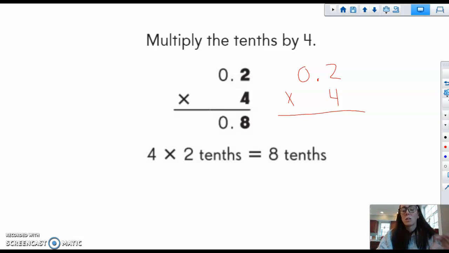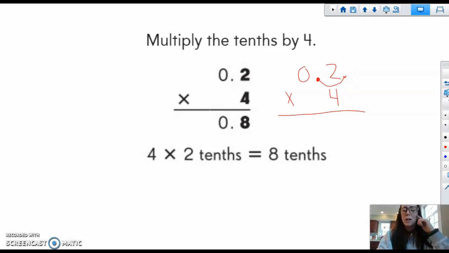So I need you to really start to do what I'm going to show you right now. So when you have a decimal in a multiplication problem like we see right here, what I want you to get in the habit of doing is just swooping the decimal out of the problem. So I'm going to take this decimal and swoop it and just move it to the right. And I'll show you what I mean by that.